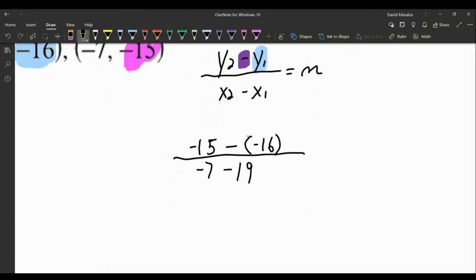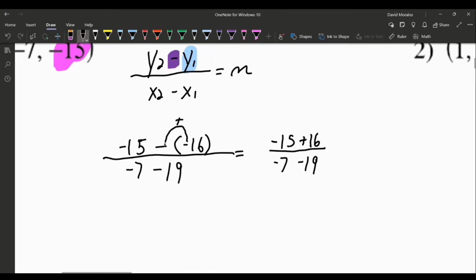Now this one right here, I'm subtracting a negative number. If I'm taking away a negative number, it's like when you multiply the two negatives, you get a positive. Okay, so it's going to be negative 15 plus 16, right? And negative 7 minus 19.